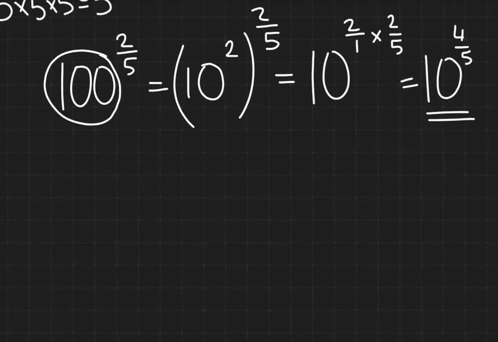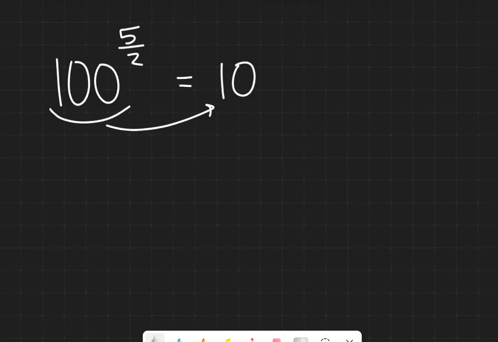Or if we had a different example, 100 to the power of 5 over 2. So this one will be, 100 can be written as 10 squared, but then don't forget to the power of 5 over 2, because we have to keep the exponent. Double exponents, we multiply them.